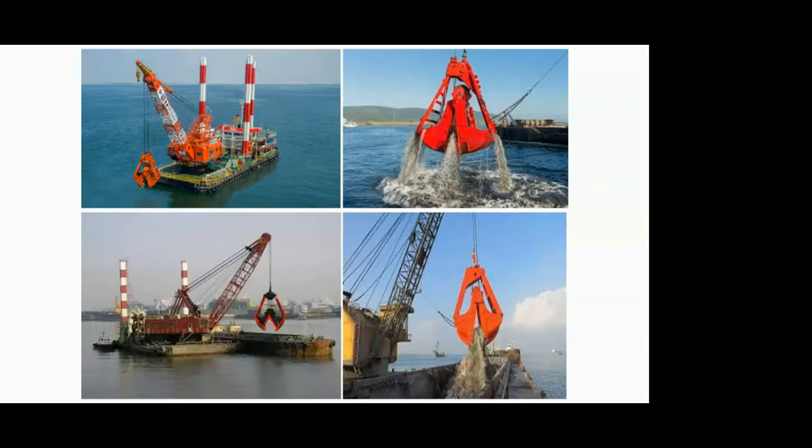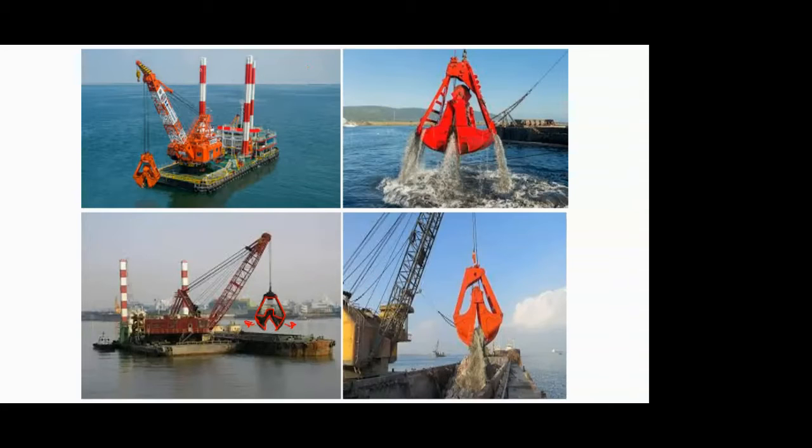Okay, so this is the shape of that grab bucket. And this opening, what you see, sometimes both the halves can move in opposite directions, or in some cases only one half of the clamshell moves. Generally it's the second one, that only one part of the clamshell moves.